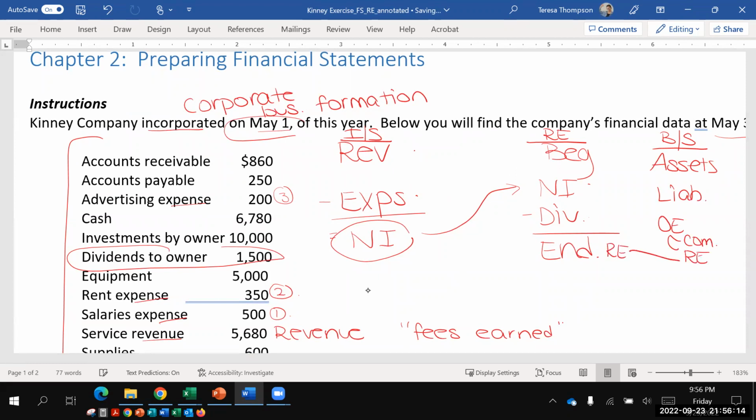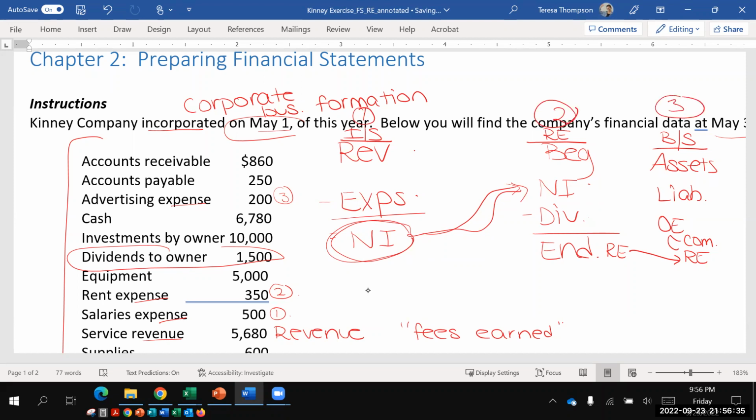And we already solved for ending retained earnings, right? So that will just have to carry forward, much like we carried forward net income to the retained earnings statement. They're all linked, right? They're all interconnected, which is why we have to prepare income statement first, retained earnings second, and the balance sheet third.